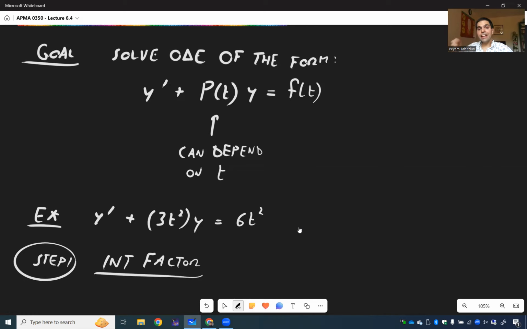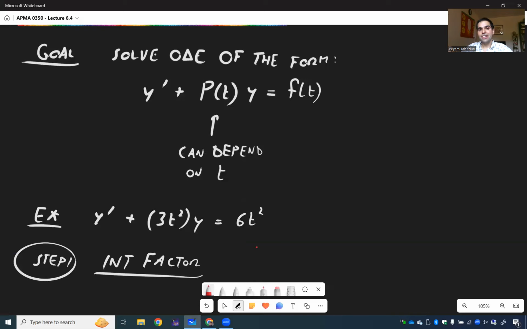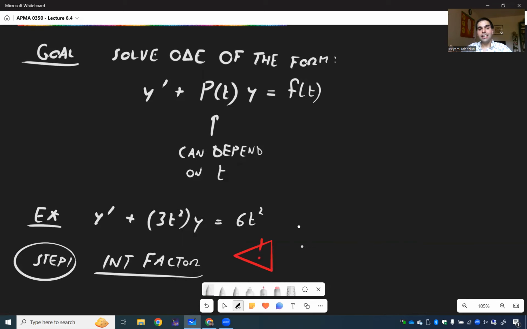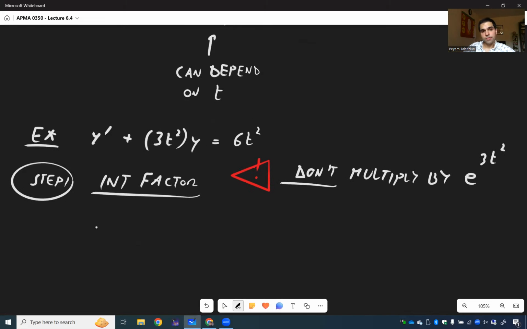But the big caveat here, I love using that word caveat, is that we don't multiply it by e to the 3t squared. It's not the same thing as e to the at anymore, because it's a more general equation.